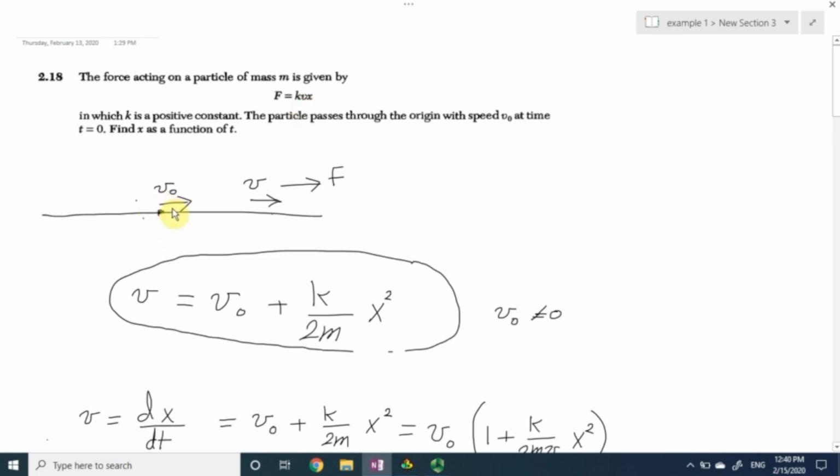Now, if the velocity initially is 0 and the acceleration is 0, the object will never move. So the object will stay all the time at the origin. And that's why we say v0 cannot be 0. This is a physics reasoning for the fact that v0 should not be taken to be 0.